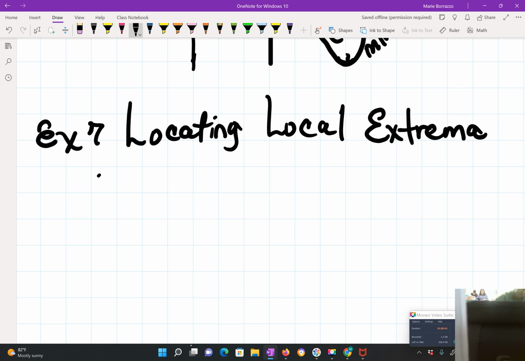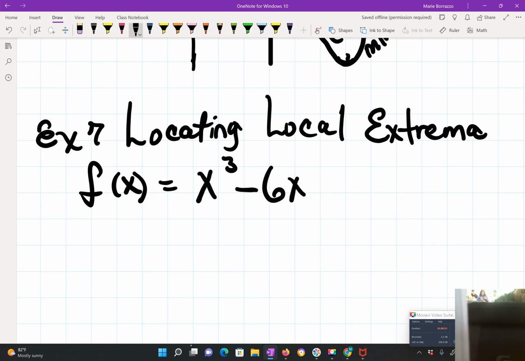And they're giving you the function where f of x is equal to x cubed minus 6x squared plus 9x plus 1.